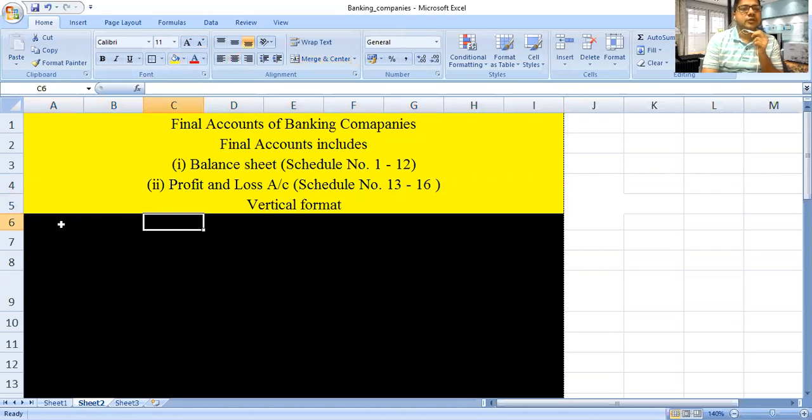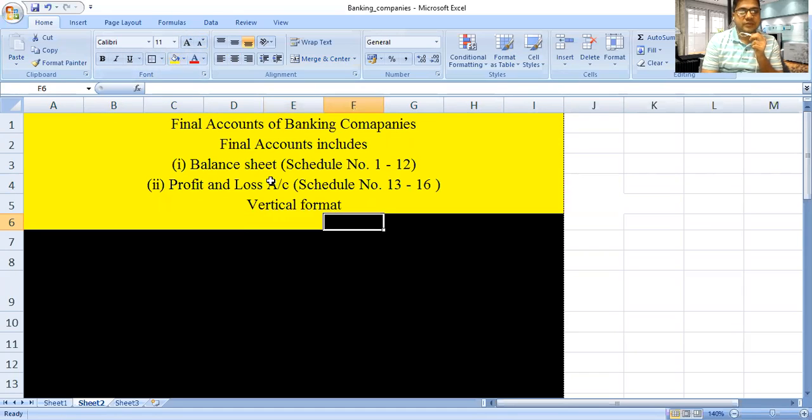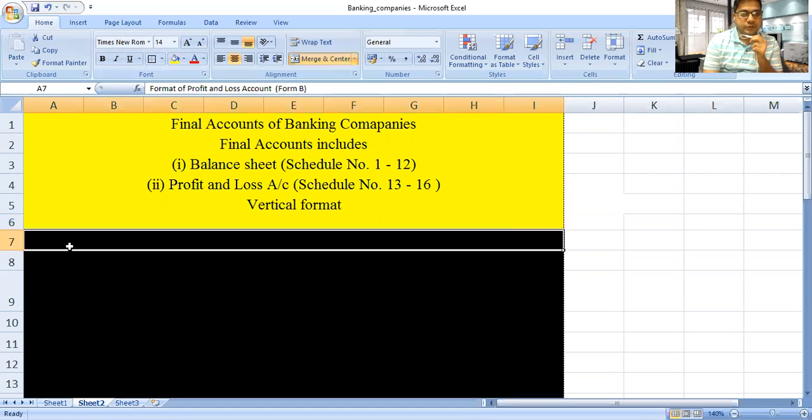Now friends, the format is one type of form, and that form is called the B form. It is the B form of the balance sheet and profit and loss. Form number B is considered the profit and loss.